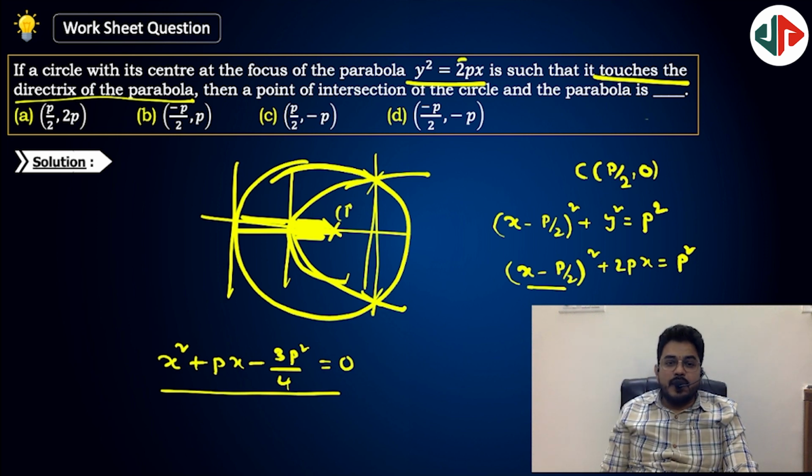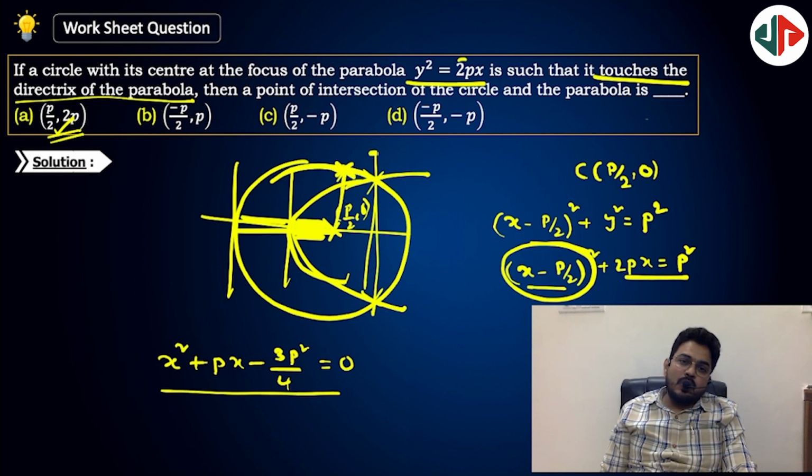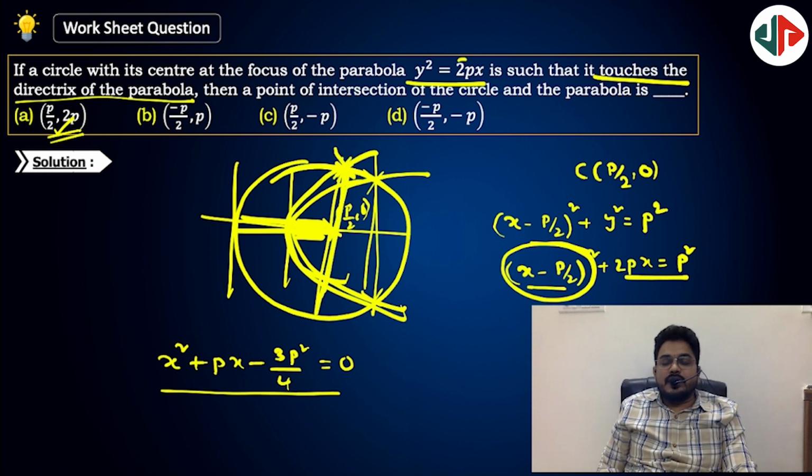Because this is p by 2 comma 0, clearly that value will be more than p by 2 or at p. So for example, as per this one, if I take p by 2, this value will be equal to 0. Okay, so yes, x is equal p by 2 is satisfied. X is equal p by 2 means, what is the y value? It is going to intersect on the latus rectum. So end points of latus rectum, what will happen?